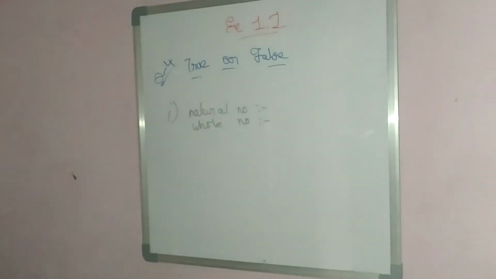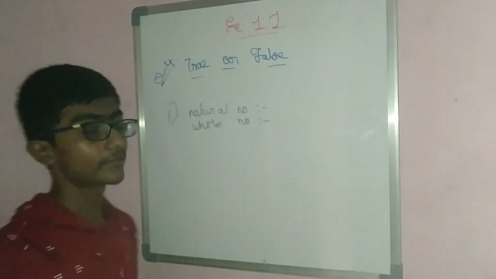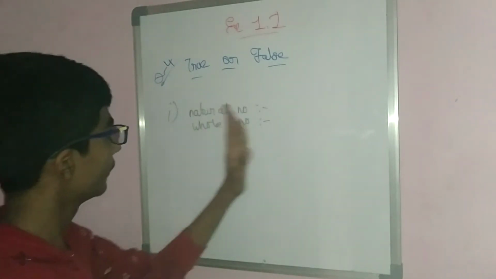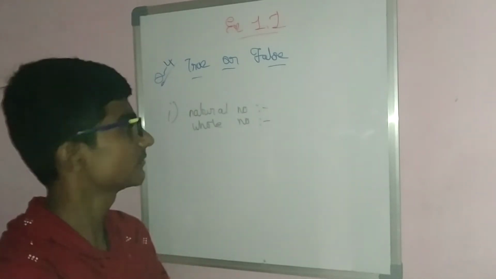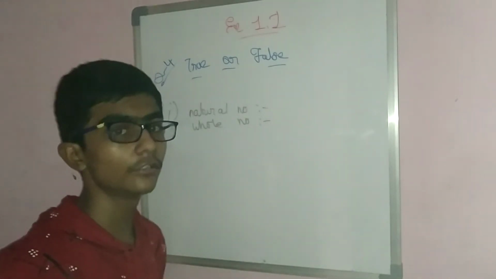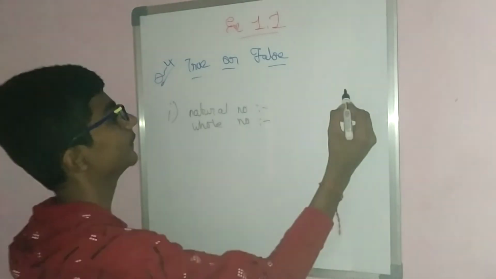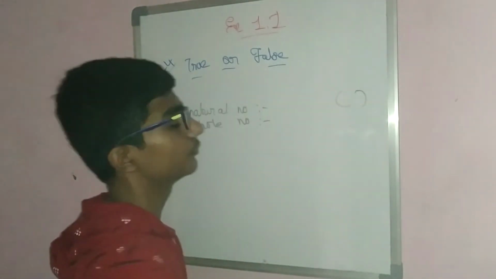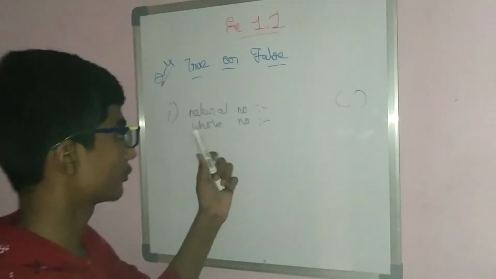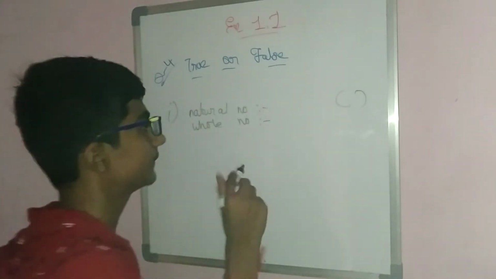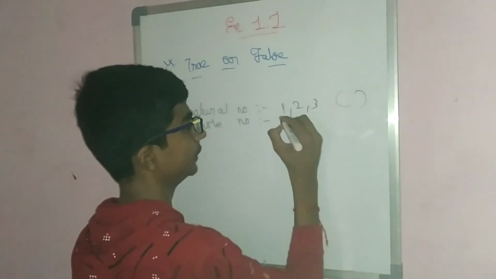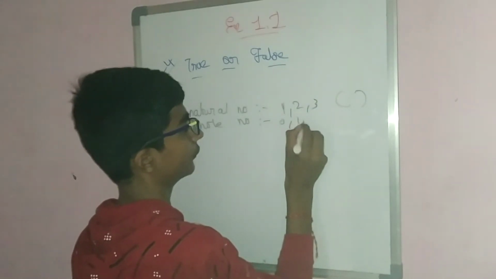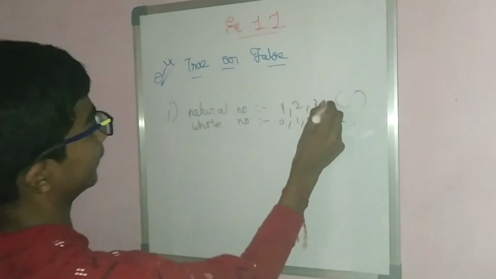So now the textbook is asking whether every natural number is a whole number. The textbook has given a statement that every natural number is a whole number, and we have to say whether it's true or false. So let's see. 1, 2, 3 here, 0, 1, 2, 3 and infinite.